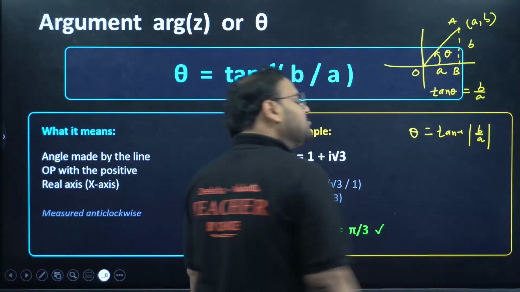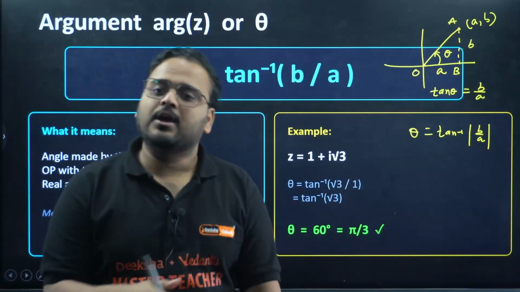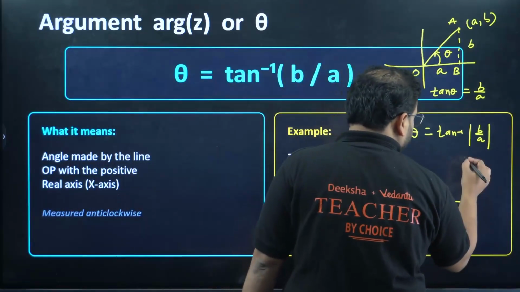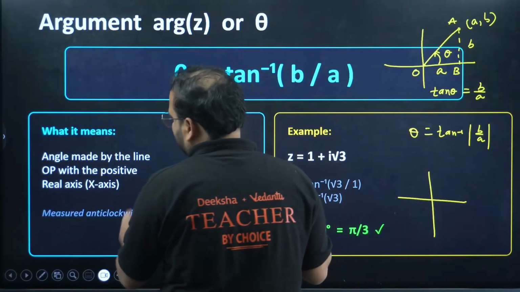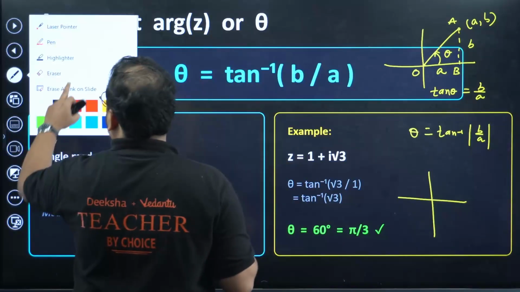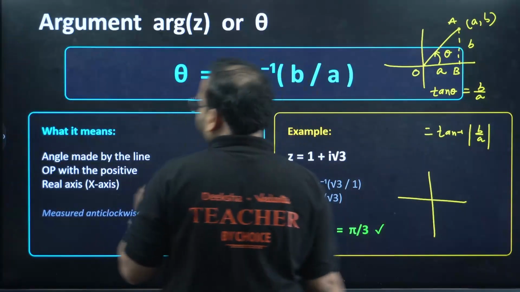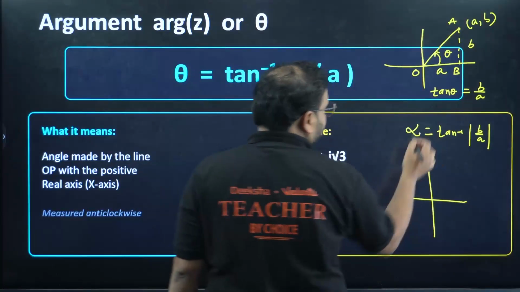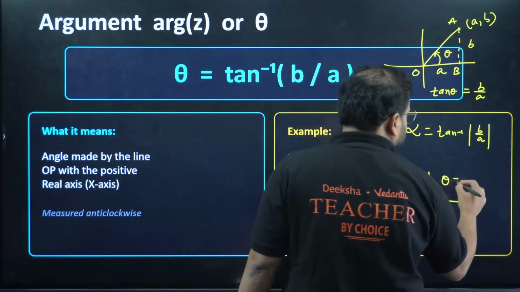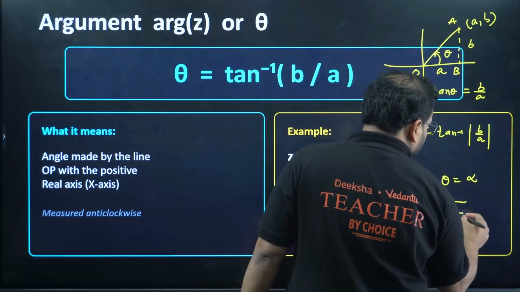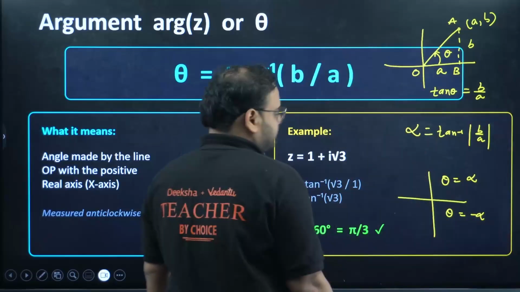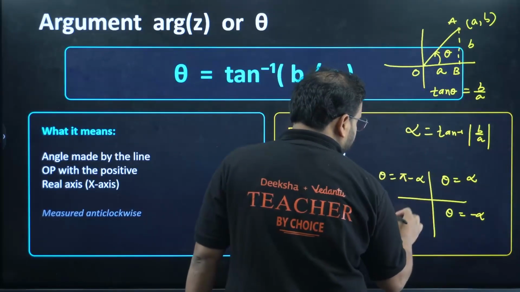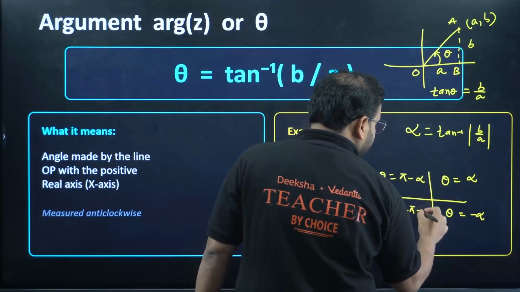So you find the modulus of b by a, and later we can simply use the rules for each of the quadrants. Here it will be the same. Actually, instead of writing theta, we can write this as alpha, because theta is the argument, so this is not the final value, this is alpha. In this you'll have theta as alpha, theta as minus alpha, here theta as pi minus alpha, and here theta as minus pi plus alpha.